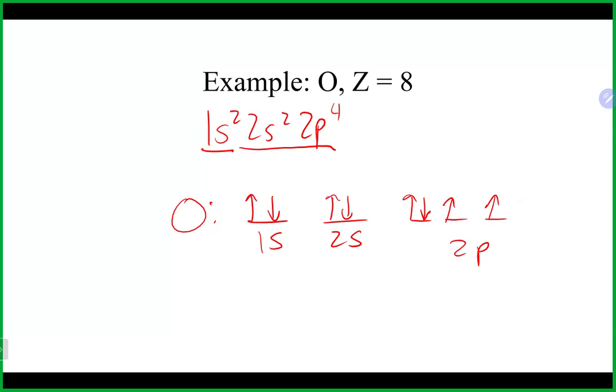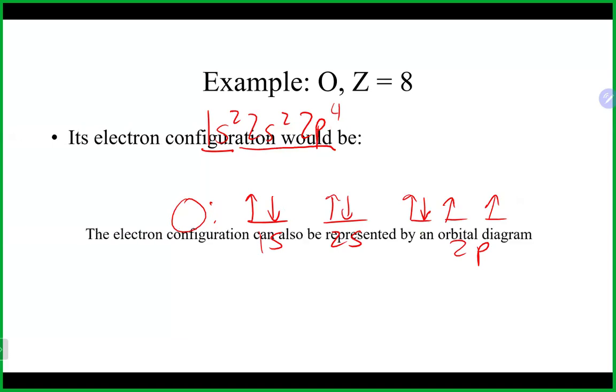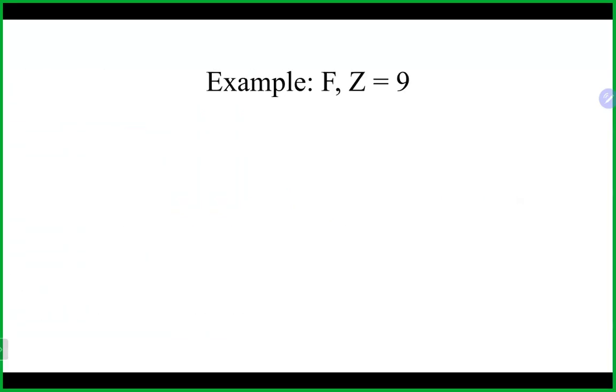All right, so next one is fluorine, which is number 9. And once again, we would end up here at 1s2, 2s2, 2p5. We're now up to 7 electrons in the second energy level and 2 in the first.